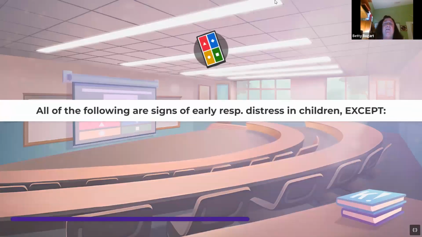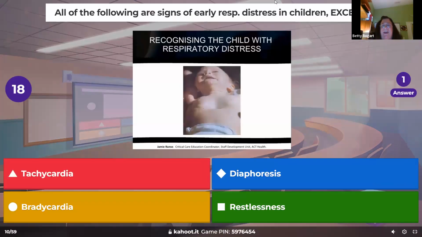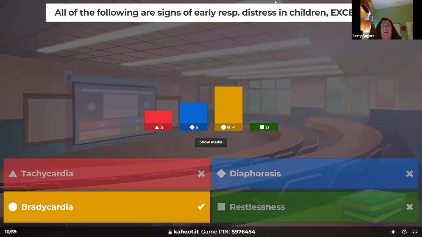All of the following are signs of early respiratory distress in children, except. That picture is great. And look at that retraction. The breastbone goes all the way to the back. Very significant in children. You can see it well.